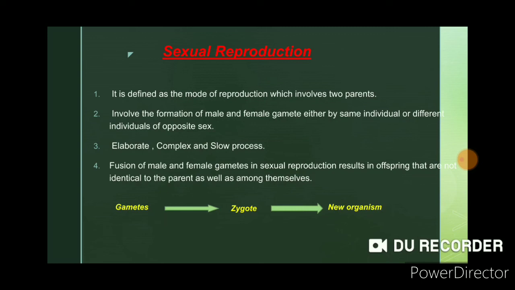They also won't be similar among themselves, that is, to the other offsprings, because every time gene copying takes place, a new combination of genes arises, which leads to different characteristics in different individuals. I repeat that due to the fusion of male and female gametes in sexual reproduction, offsprings are not identical to the parent as well as among themselves.